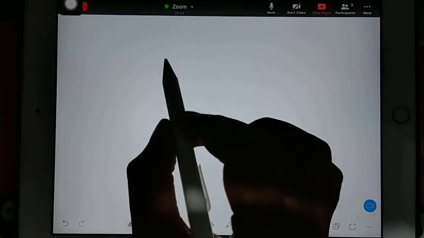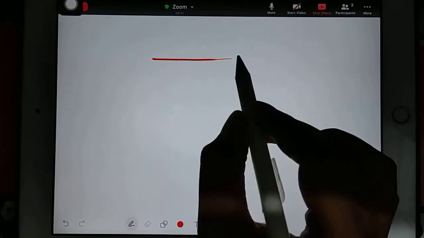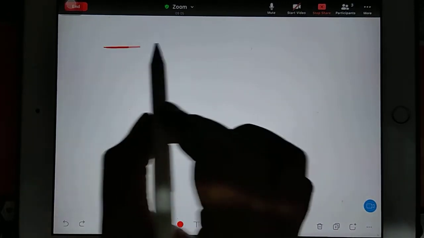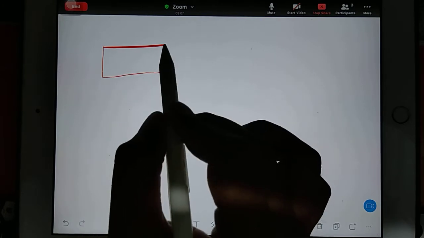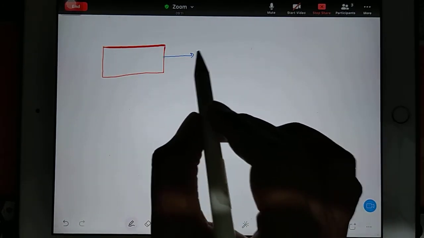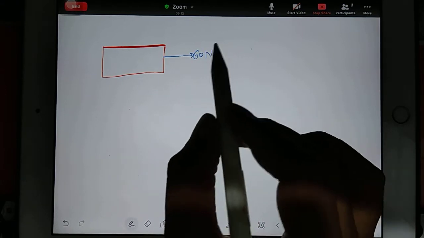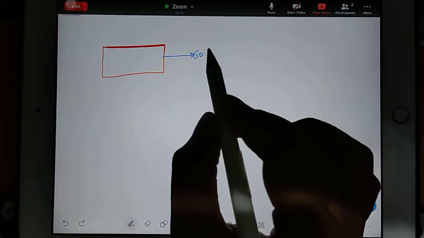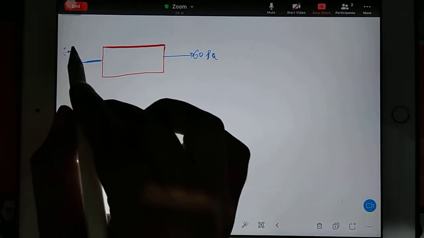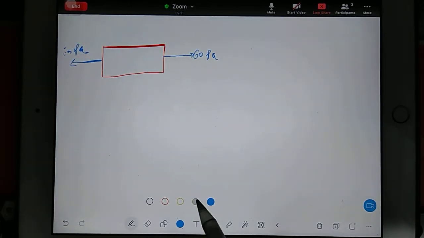See, what is the Mohr circle? Suppose, imagine any member here. Now on this member, imagine 60 Pascal stress is acting. In this direction also 60 Pascal stress will be acting.